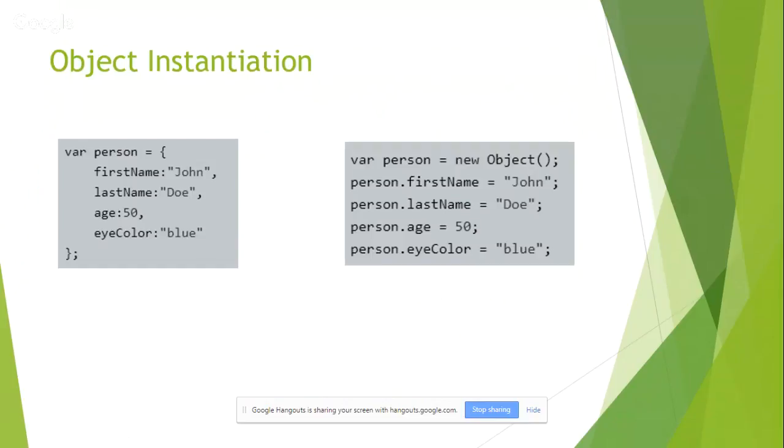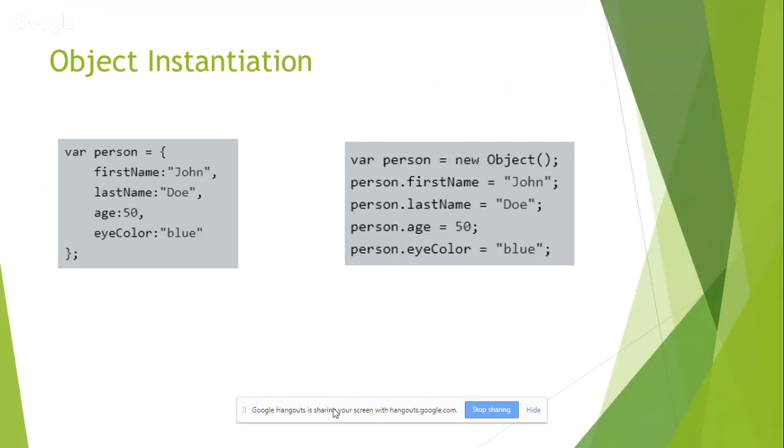There are a lot of different ways to instantiate an object. On the left-hand side, you'll see you can assign your object directly to a variable with all the values initialized in that instance. And on the right-hand side, you can just tell a variable that it's an object and add the properties or methods in as you go, on the fly.